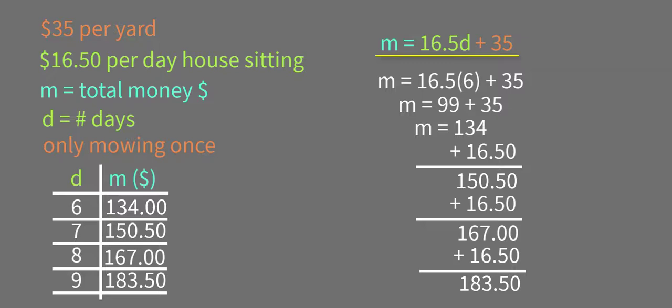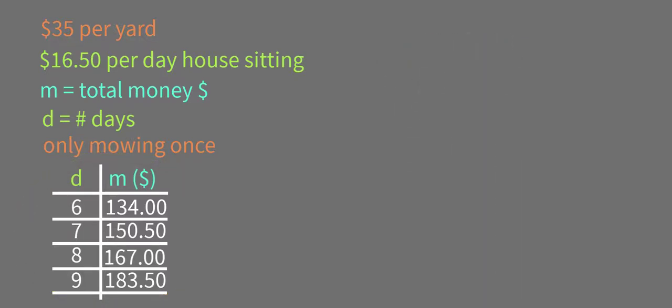So here's our equation where M is money and D is the number of days. Here's our table. And then we are asked to graph those ordered pairs so that we can see a visualization of what that looks like. So I'm going to go ahead and we'll draw a set of axes.